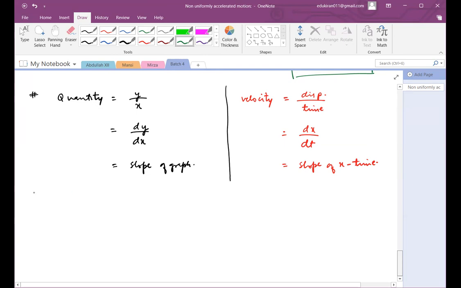I'm defining one other way. Suppose another quantity is related by y times x, or the product of any two terms. Using calculus, it will be the integration of those, or using a graph, it will be the area under the xy graph.